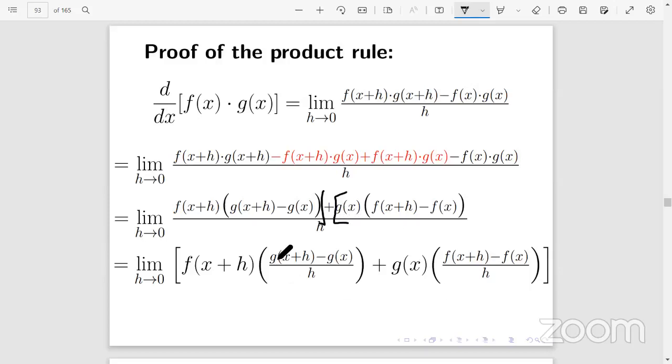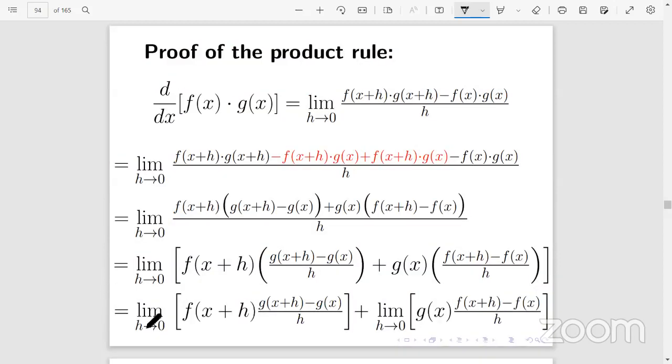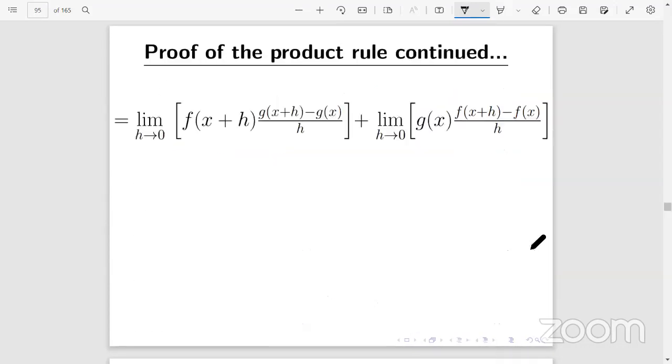Now the part g of x plus h minus g of x over h looks familiar. Remember, we have limit laws. So using the limit laws, we can distribute the limits to the first term and distribute the limit again to the second term. After doing that, this limit can also be distributed amongst all these terms.